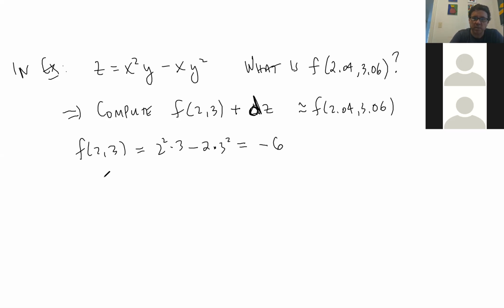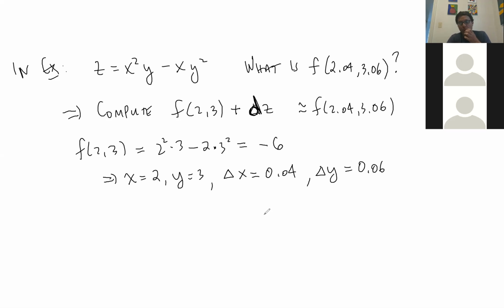That means I want x to be 2 and y to be 3, but I'm going to change x a little bit by 0.04, and change y a little bit by 0.06. If I sub this into the dz, that will give me my approximation for how much it changes, which I can add on to my minus 6, and I'll get a good approximation for what the answer is.